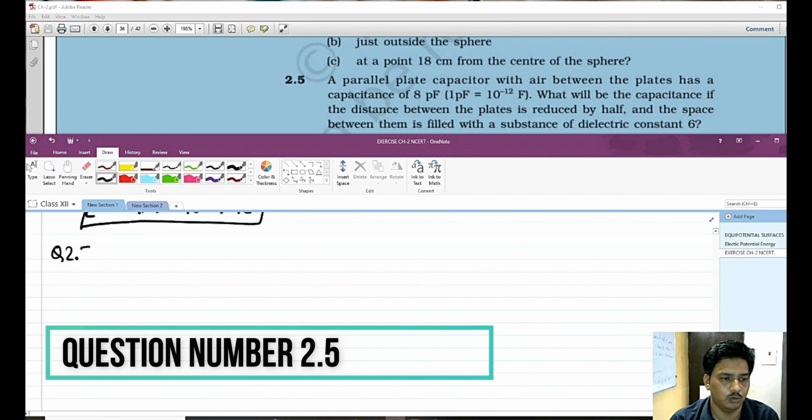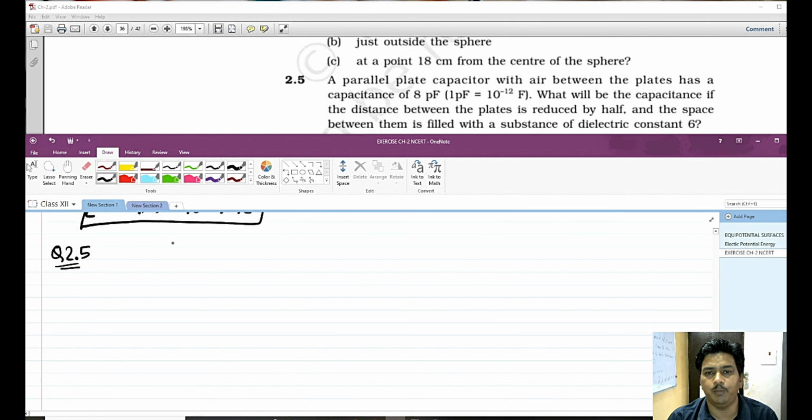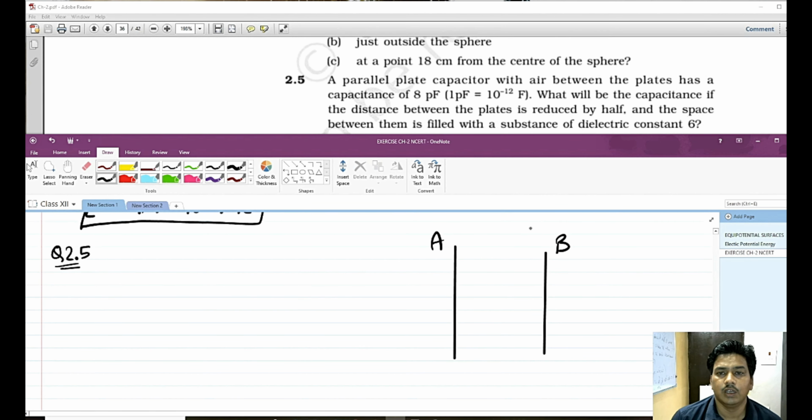Question number 2.5. A parallel plate capacitor. So there is a parallel plate capacitor. This is the first plate and this is the second plate, plate A and plate B. With air between the plates it has a capacitance of 8 picofarad, that is 8 into 10 to the power minus 12 farad.